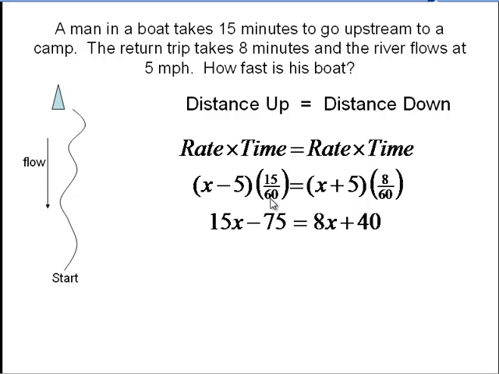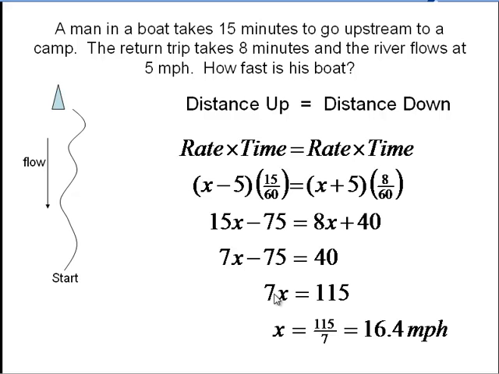The 60s will cancel from both sides because they're equal to each other. Then when you're solving, subtract 8x. 15 minus 8 is 7. Add 75, get 115, and divide. And that gives you 16.4.